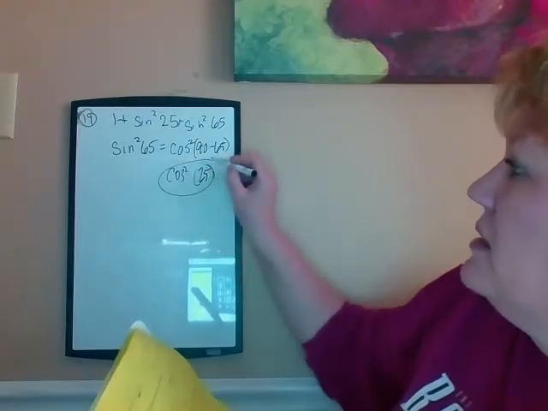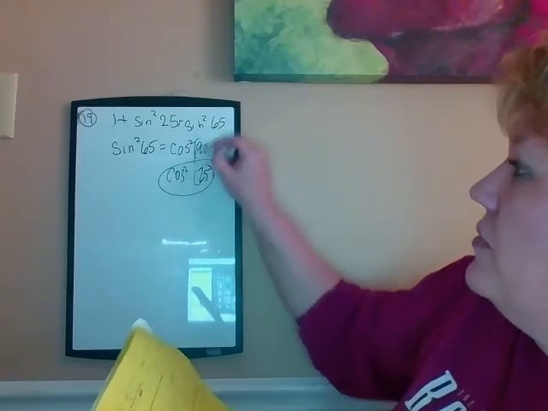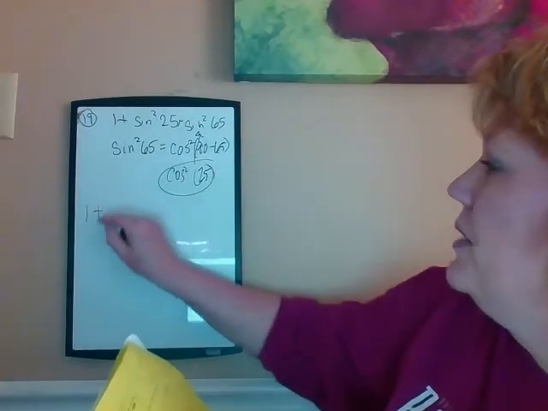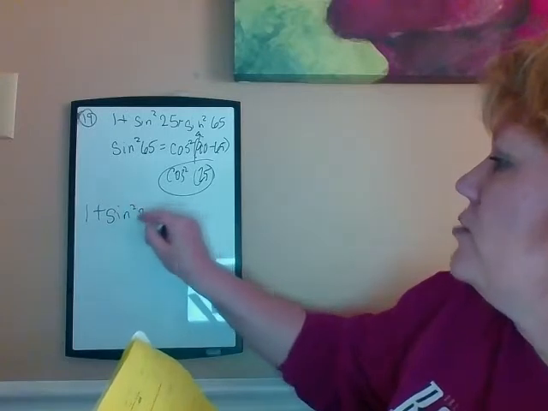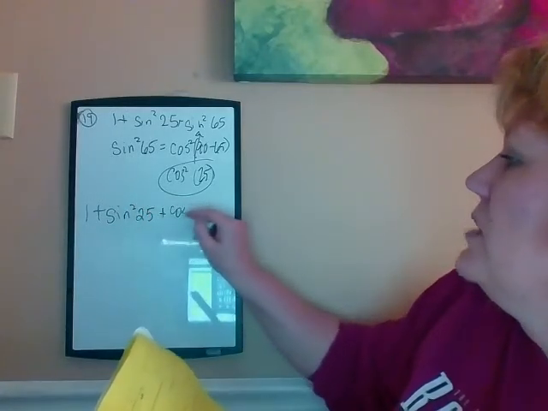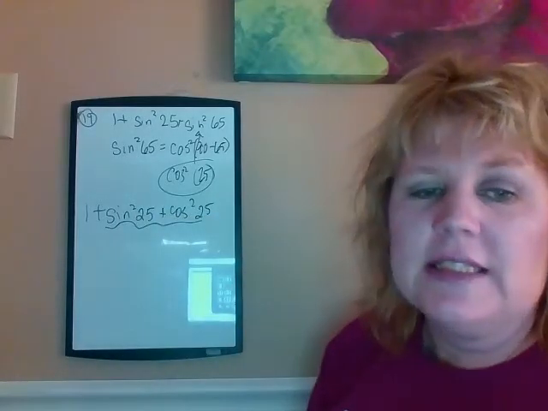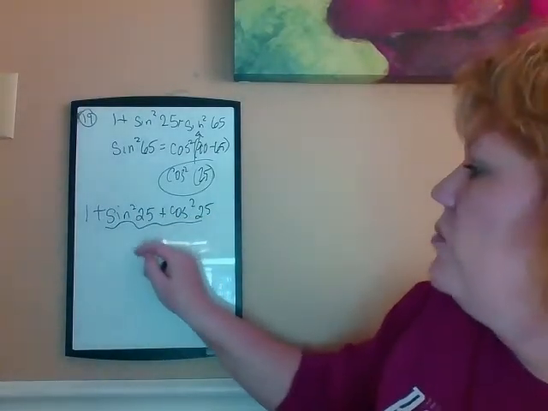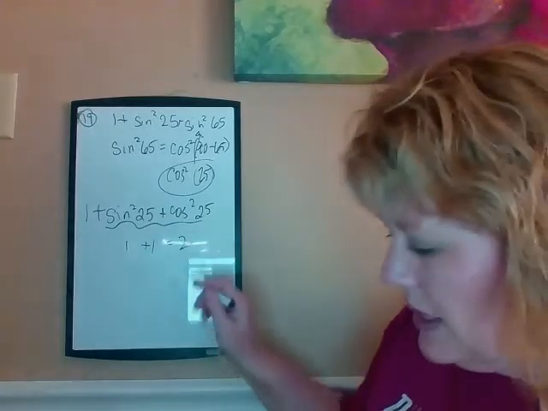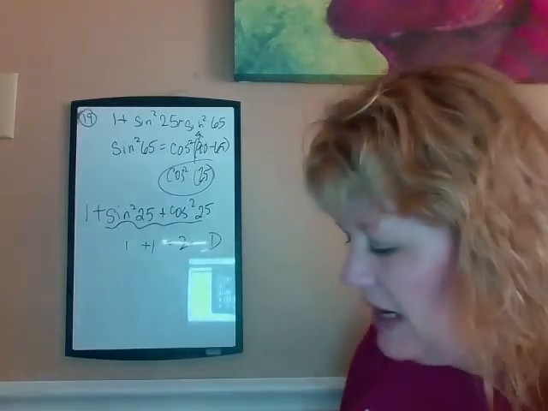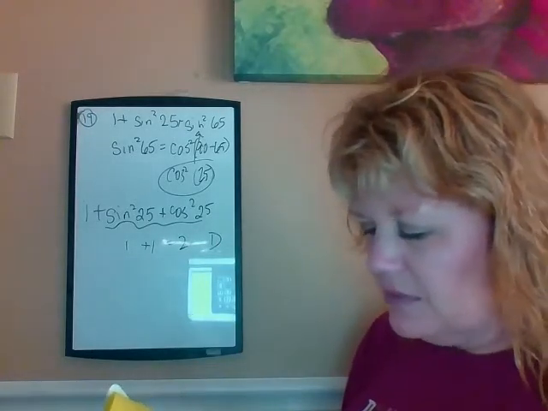So this goes in place of that. So it says 1 plus sine squared 25 plus cosine squared 25. Now remember from your Pythagorean identities that that part's equal to 1, and 1 plus 1 is 2, and answer choice D is what I need for 19.